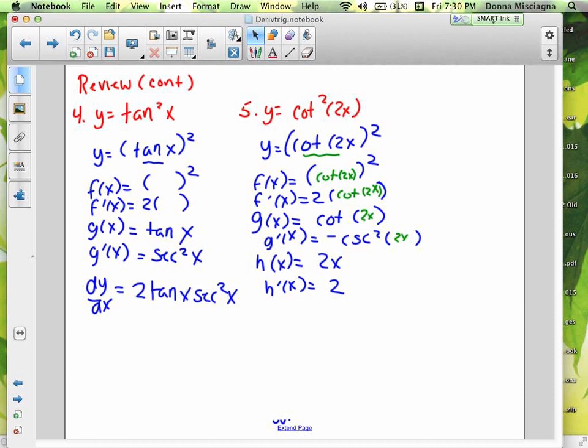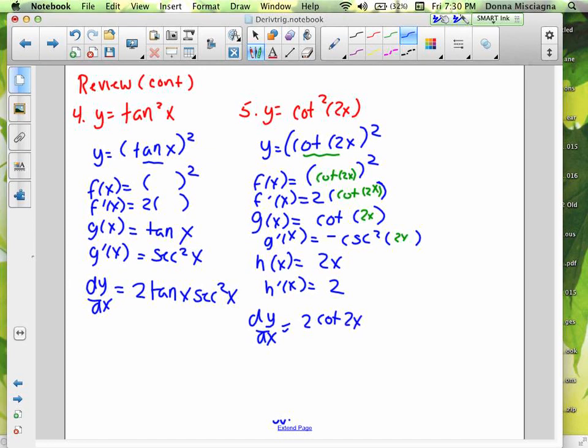And so our final derivative, dy dx, is the outside derivative 2 cotangent 2x times, moving inward, negative cosecant squared 2x and the 2.